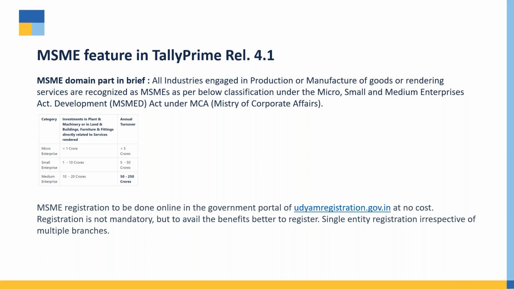Up to 10 crores investment is small, and up to 20 crores investment in plant and machinery is medium. Based on their annual turnover, they are categorized as micro, small, medium.